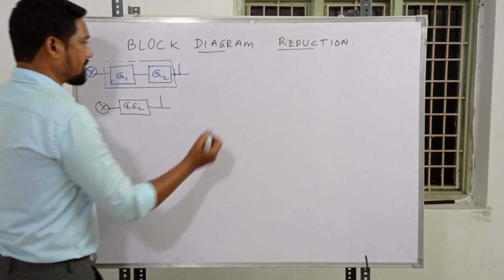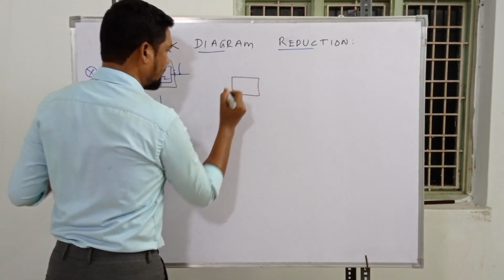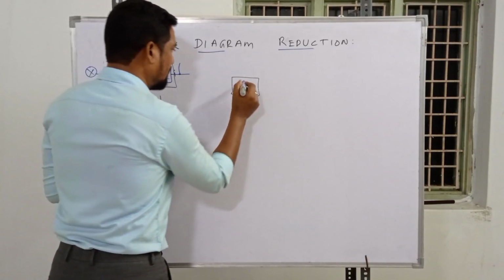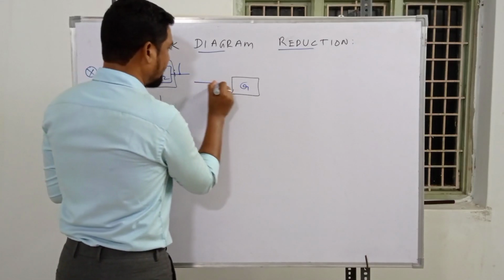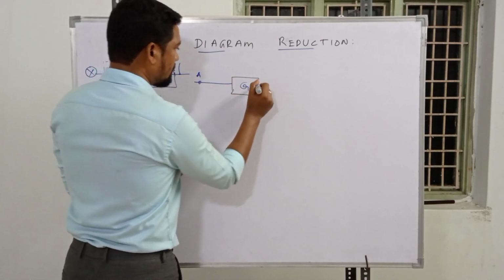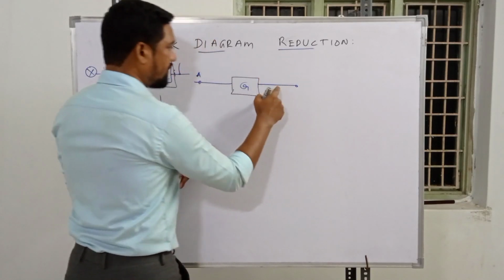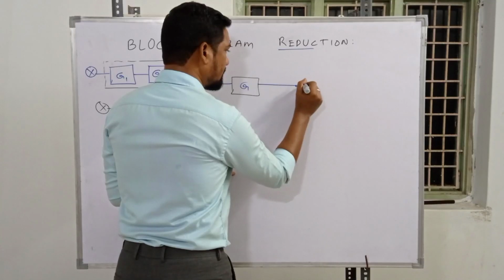Another reduction: let's suppose we have some block like this one and give it the name G. A signal A is coming from this side. So what signal do we get at the output? It's AG.